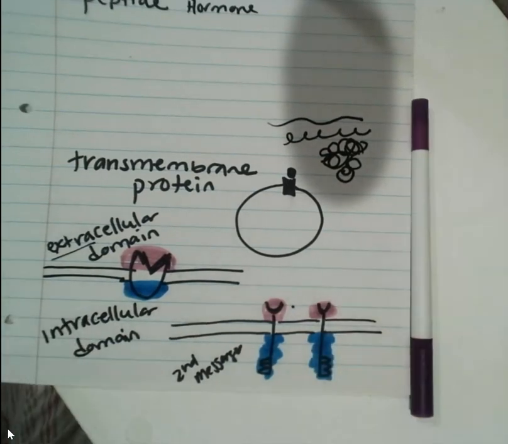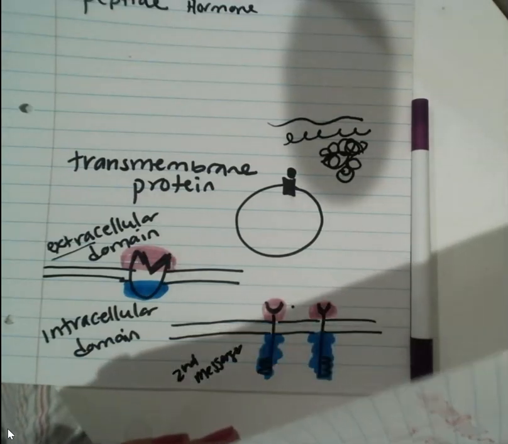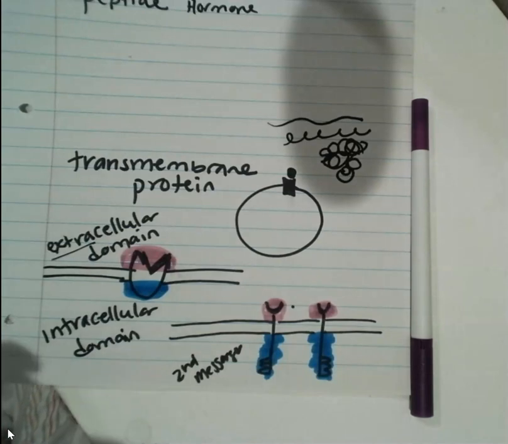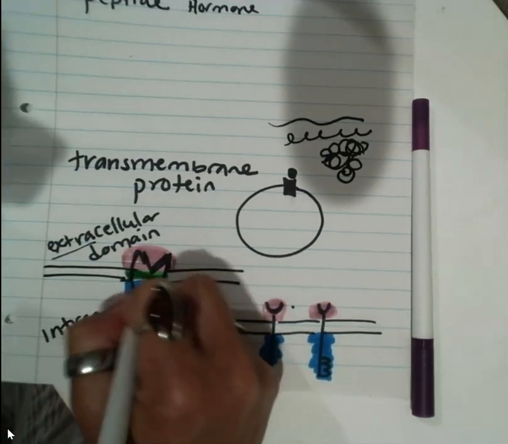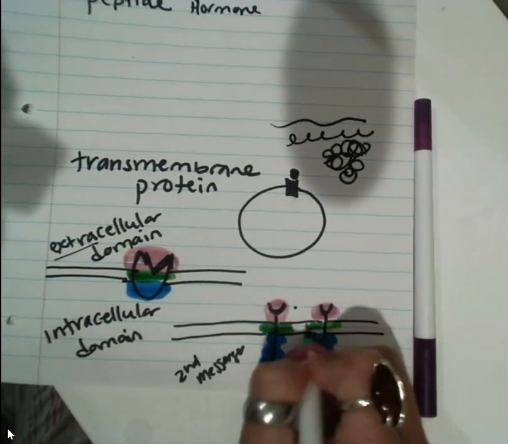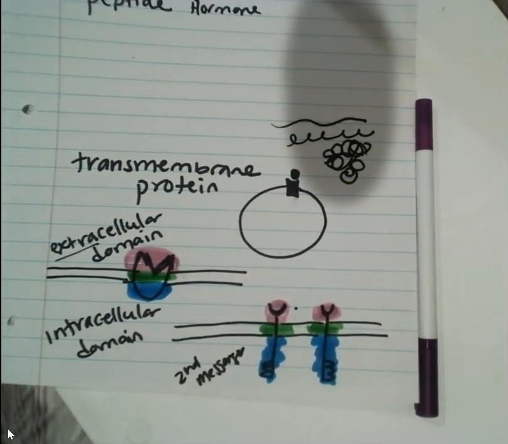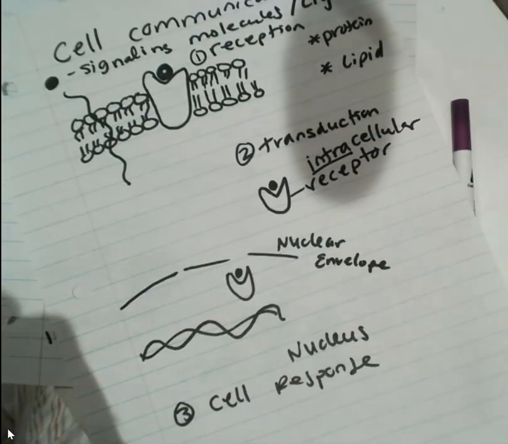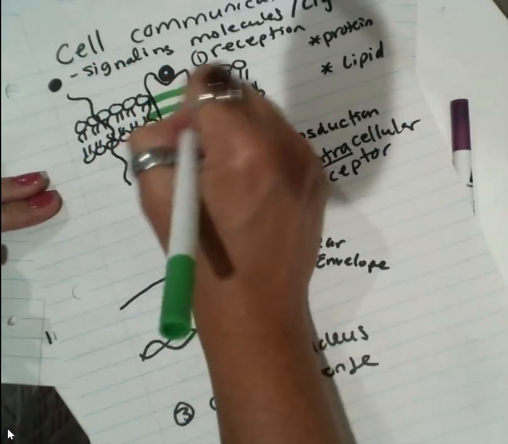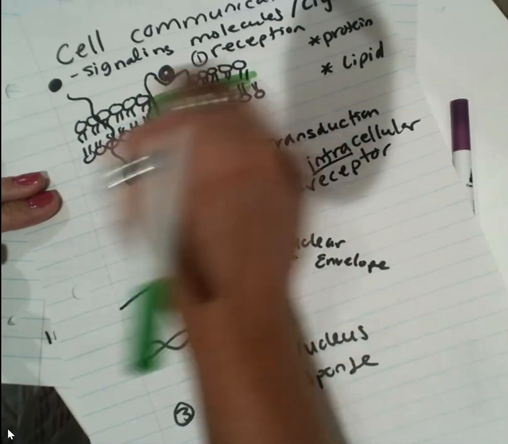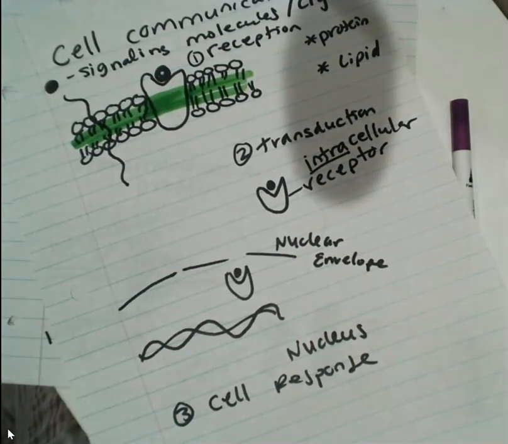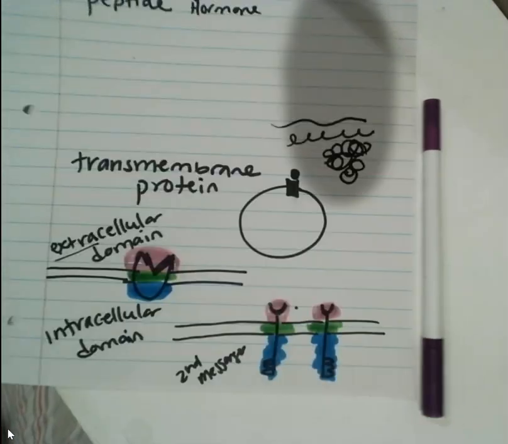Then you have the part of the protein that is going to actually span the membrane. This region in green right here, if I go back to my previous picture, is the region of the protein receptor that falls within that non-polar area of the cell membrane.